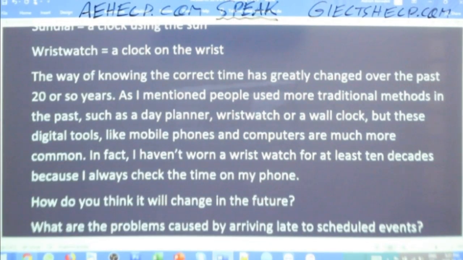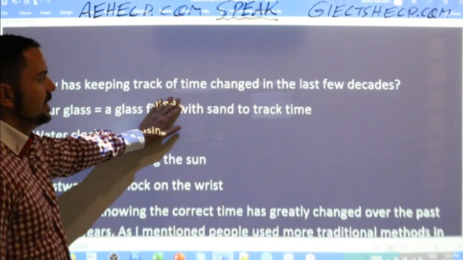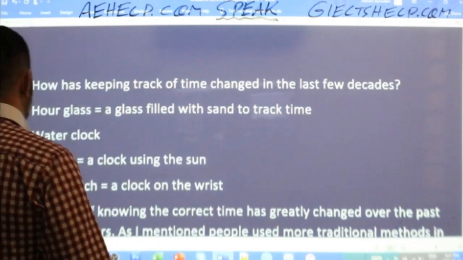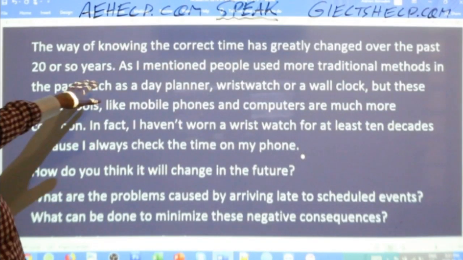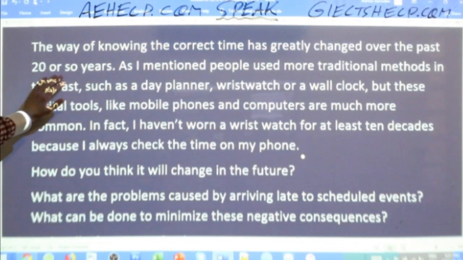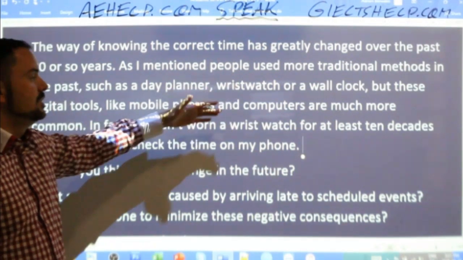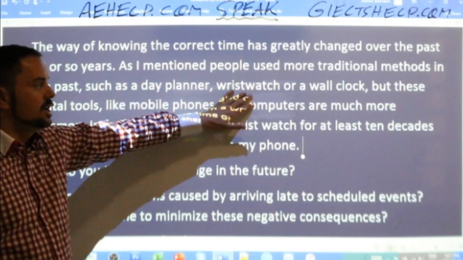Repeat after me. Here's the question. How has keeping track of time changed in the last few decades? The way of knowing the correct time has greatly changed over the past 20 years or so. As I mentioned, people used more traditional methods, especially in the past, such as day planners, wristwatch, or a wall clock.